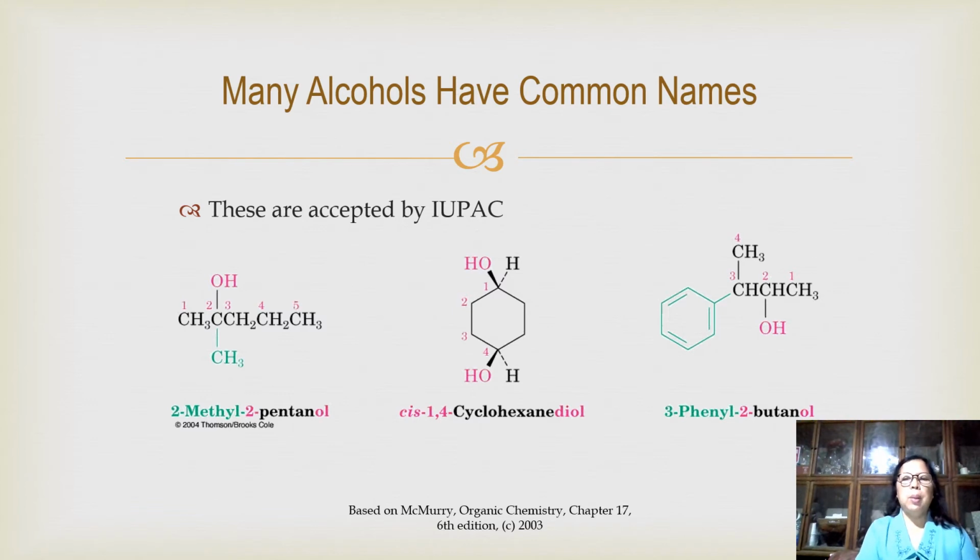Now, how about for aromatic compounds? Okay. In case there are two OH, like your urushiols, you write diol, meaning there are two OH groups. So it is an aromatic compound.